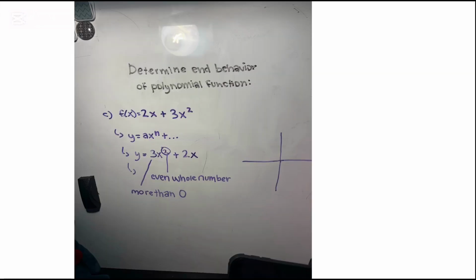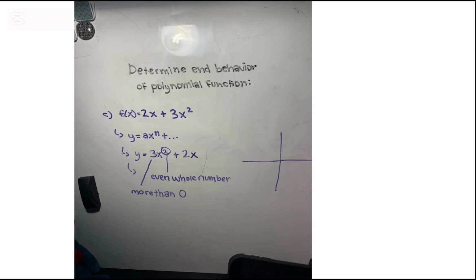So the first step is to put your equation into highest to lowest terms. I first moved the 3x squared to the front and the 2x to the right because it's easier for me to see what the degree is.